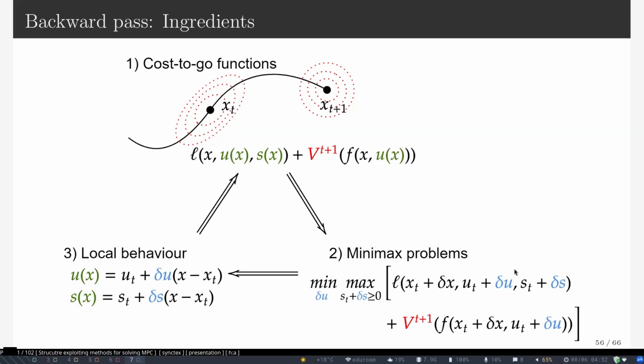Here, what I'm really doing is coming up with a local perturbation to the current solution to solve the minimax problem, and then use those perturbations to update my previous value, and then repeat it, go one step back.